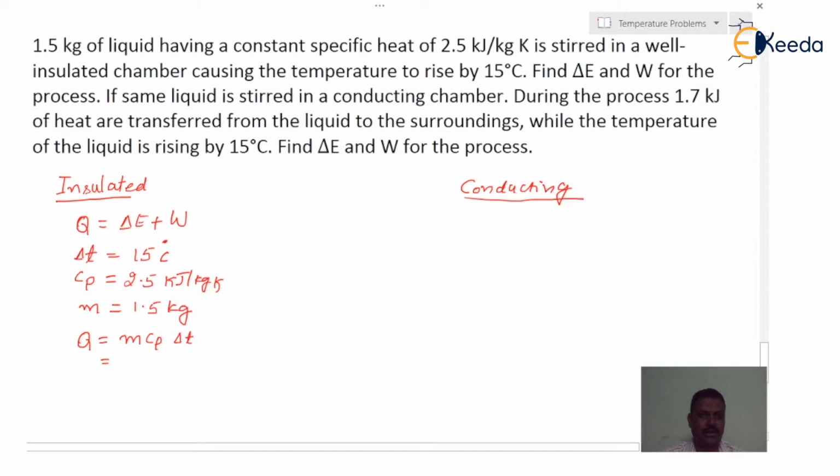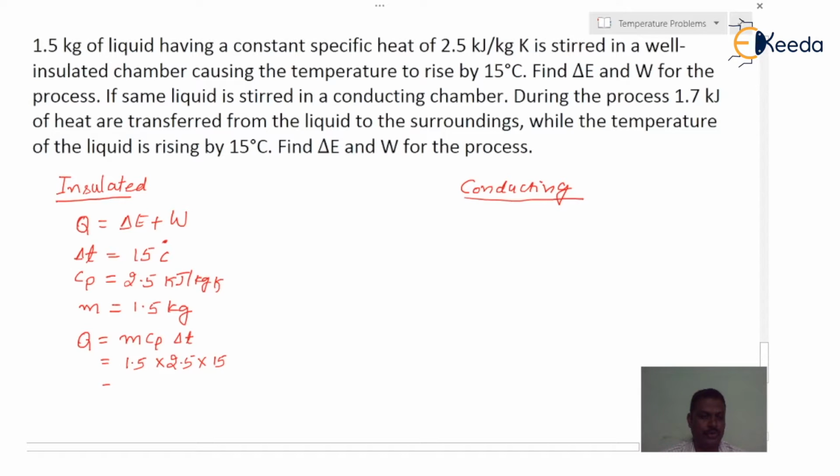So M is 1.5 kg, Cp is 2.5 kilojoules per kg Kelvin, and delta T is 15 degrees Celsius.